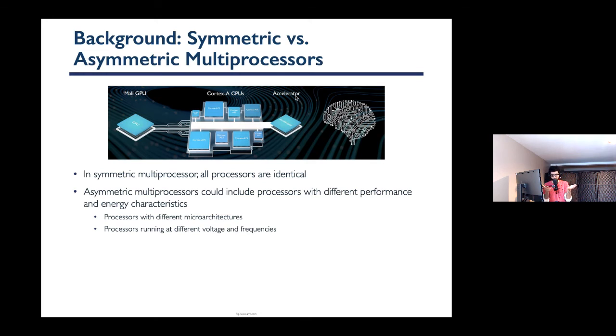So on the same exact chip, you have an accelerator and a bunch of CPU cores. The accelerator could be used for all sorts of things. If there is, let's say, a machine learning application that needs to train a model, it's going to do a lot of matrix multiplication. You can actually use the accelerator for that.